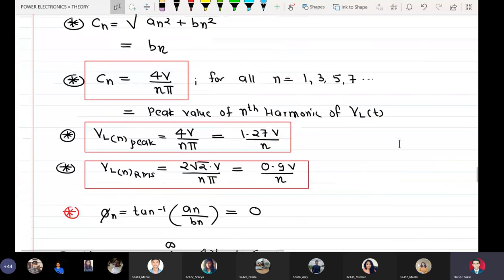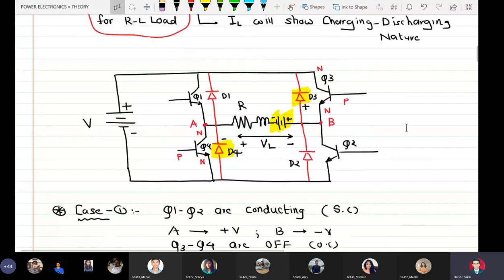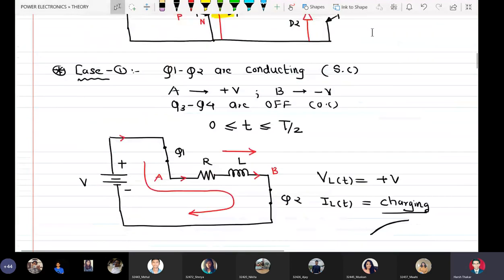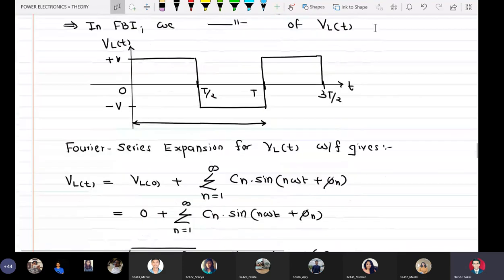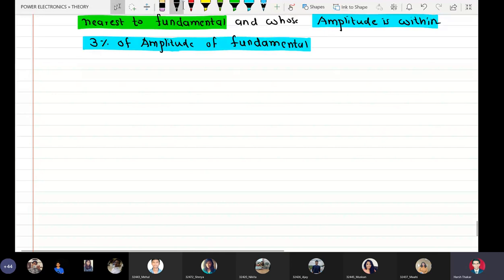Okay, now we come to the most interesting output of an inverter, that is Cauchy square wave inverters. So performance is over, Fourier is over. Now we come to Cauchy square wave. Students, Cauchy square wave inverter is a special case of square wave inverter like this.